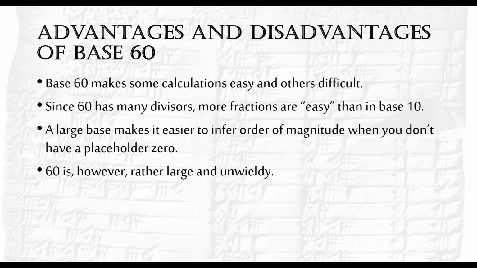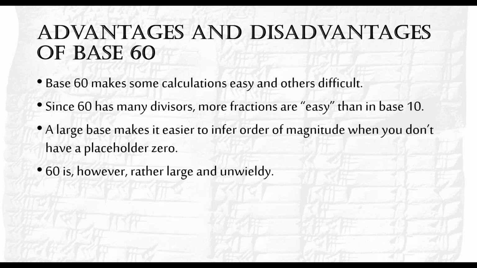So let's talk a little bit about base 60. I had given you some fractions that reduced, right? 5/60ths is a nice fraction. It reduces down to 1/12. But not every fraction is going to work that way with a base of 60. 60 is a nice base for this because a lot of fractions will reduce.